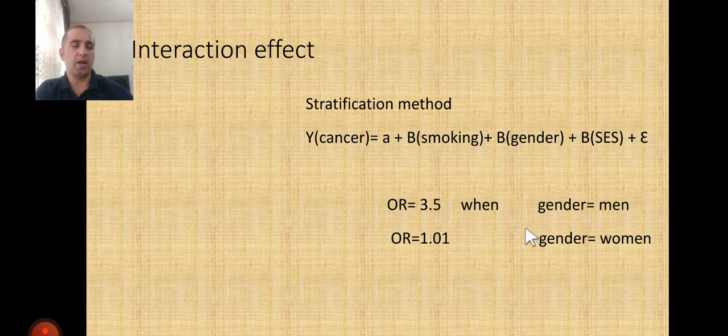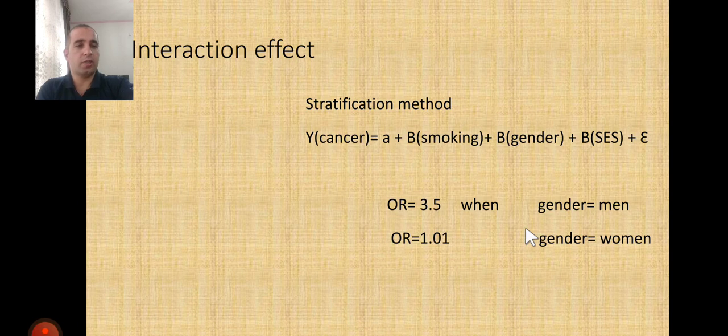But this is not enough to say there is an interaction effect between gender and smoking. I have to say it again: this is not enough. All you have done is split the data set and look at the odds ratio, one for men and one for women.